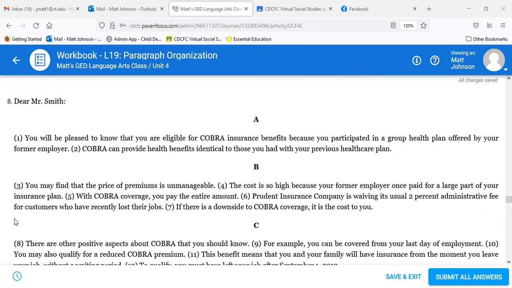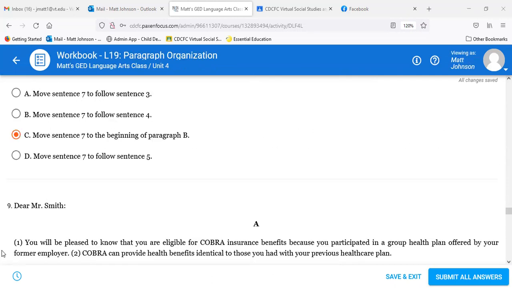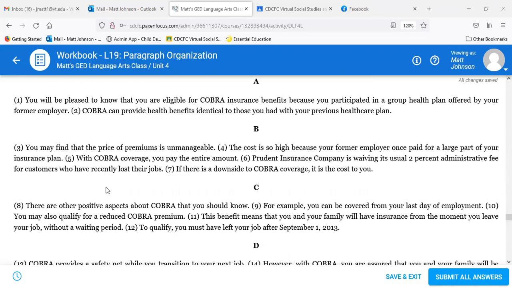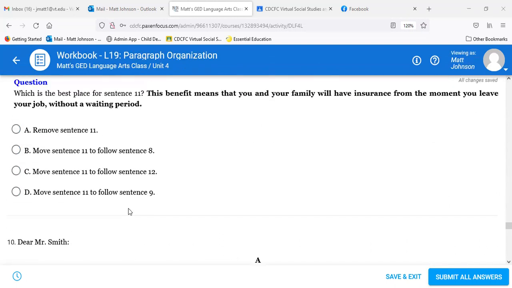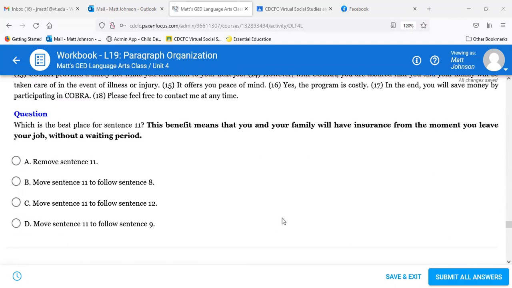So we're making that basically our topic sentence. Afterwards, then we have, you may find the price of premiums is unmanageable. The cost is because your former employer. So that makes a better topic sentence than it does a closing sentence at the end of a paragraph. So 7 here, move that to the top. C for 8 and 9. Tracy, try 9 for us.